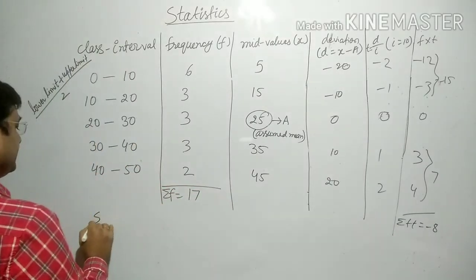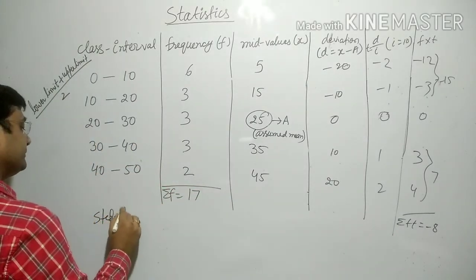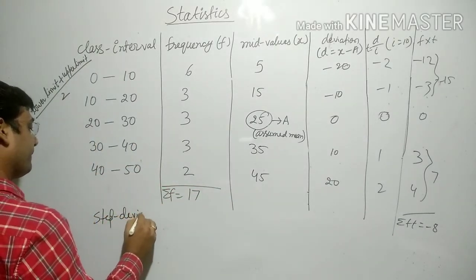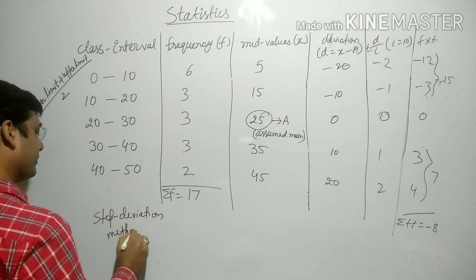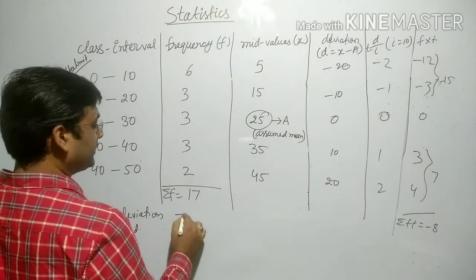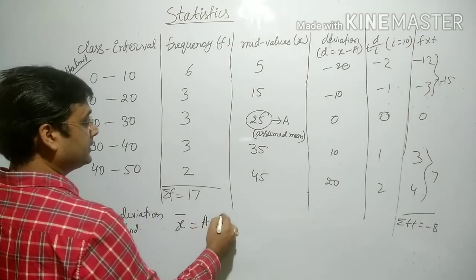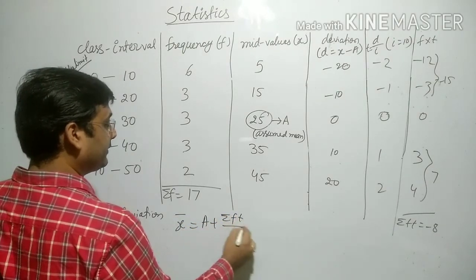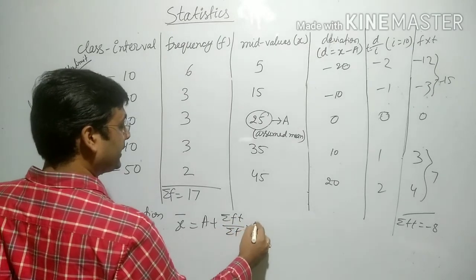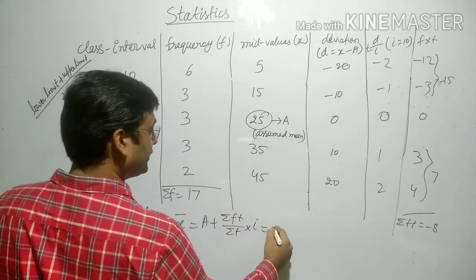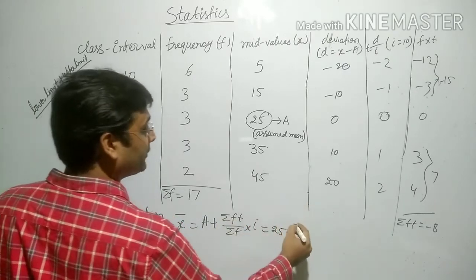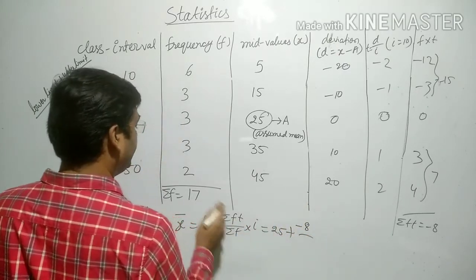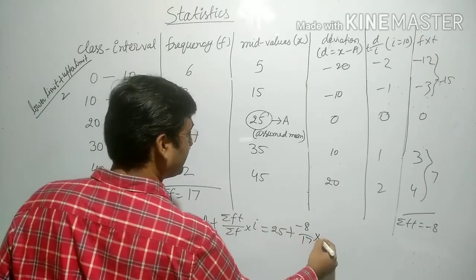Now in the step deviation method, what is the formula for x bar? a plus sigma ft divided by sigma f, multiplied by i. So a is 25 plus sigma ft, what we are getting, minus 8 divided by this 17 multiplied by 10.